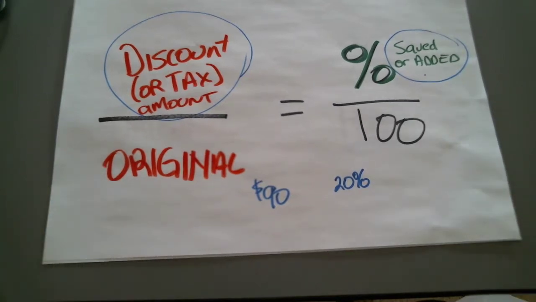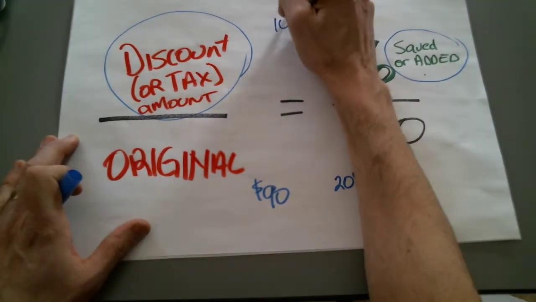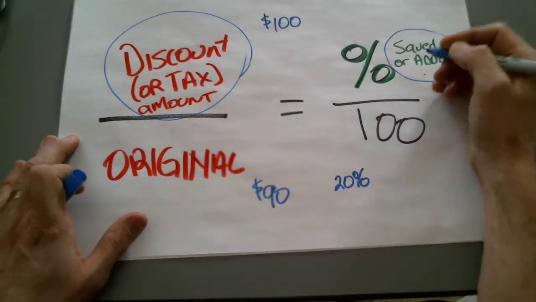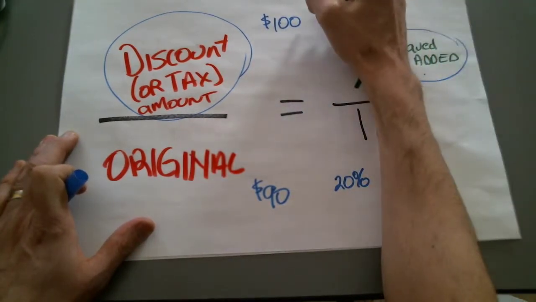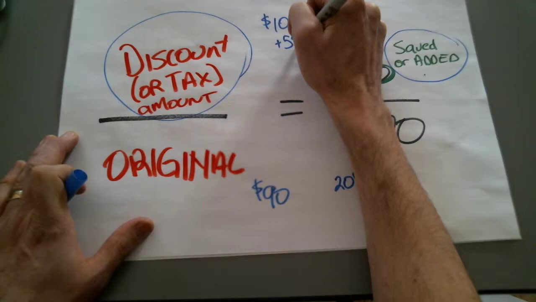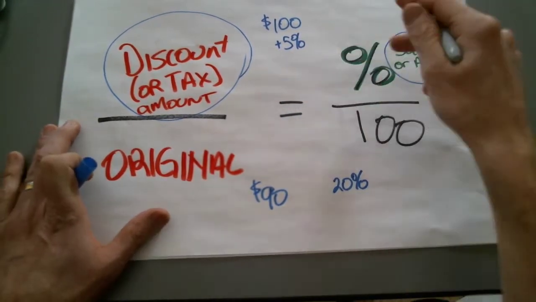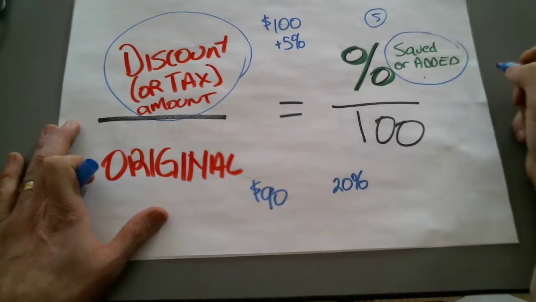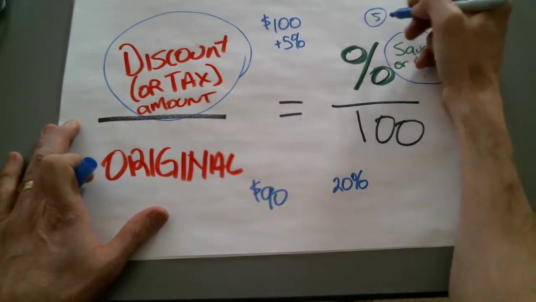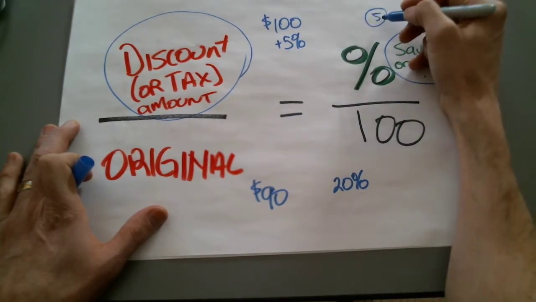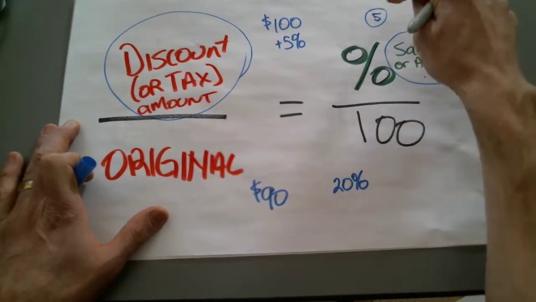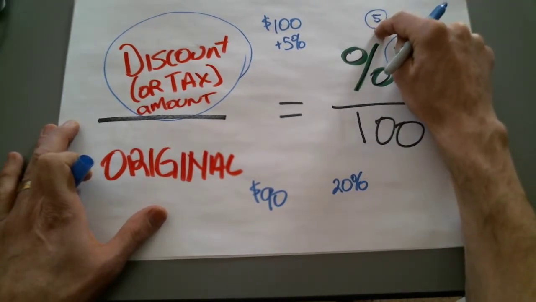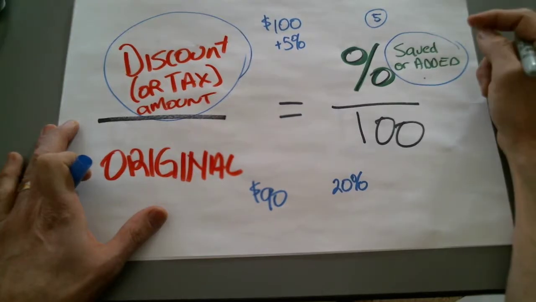The difference is that if you calculate, again, let's do our $100 pair of jeans, I have to add 5% tax. If I put 5% over here, okay, it's going to give me $5. Right? So $5 is what I have to add on. Is this the actual price I've paid? Or is this how much I add?